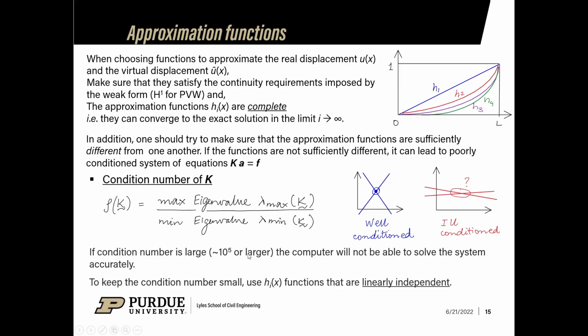So the best way to keep this condition number low is by choosing h functions that are linearly independent, and not only linearly independent, but also visually different from each other. So how can we construct such functions, let's say from polynomial functions, which are certainly linearly independent, but don't lead to a well-conditioned system for high-order polynomials?